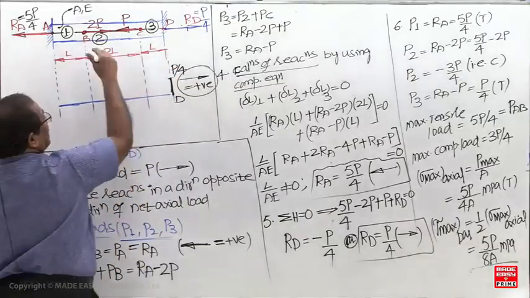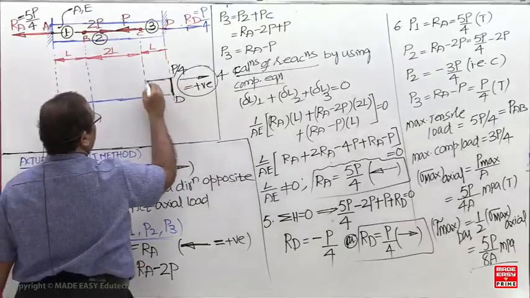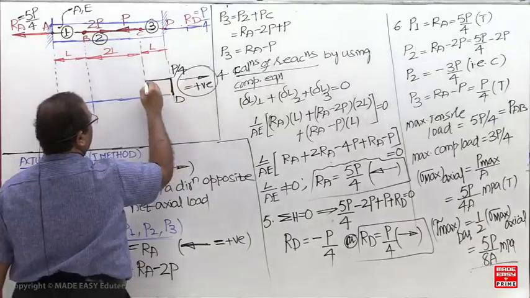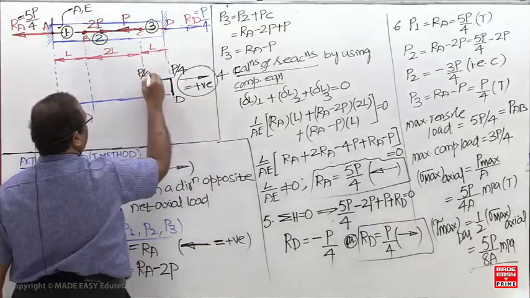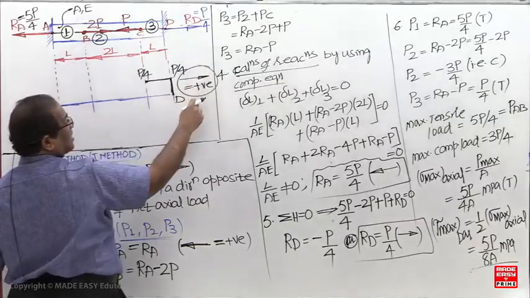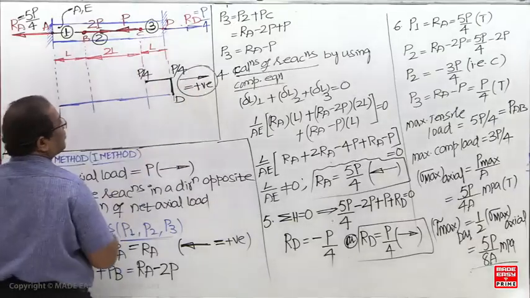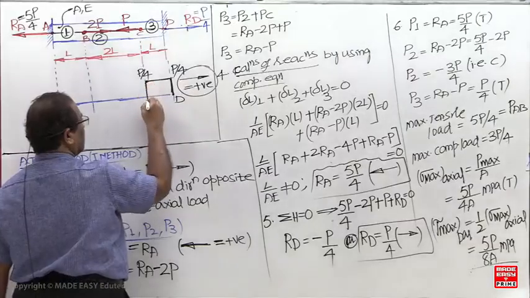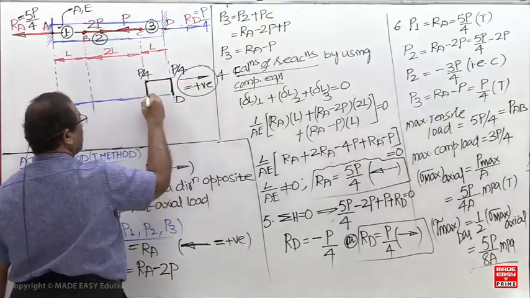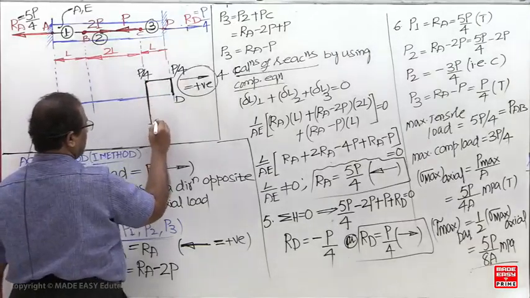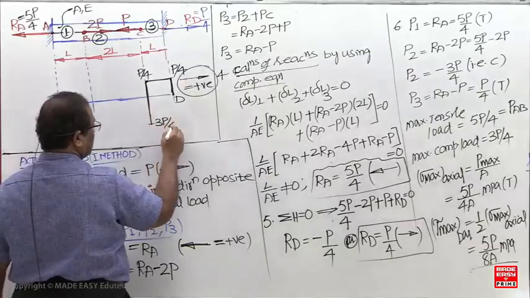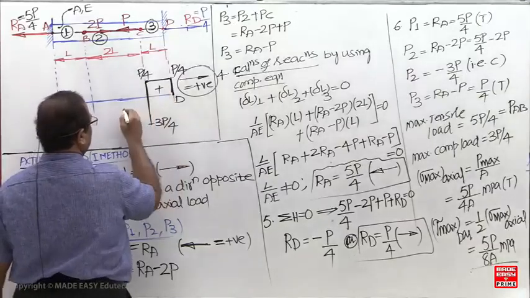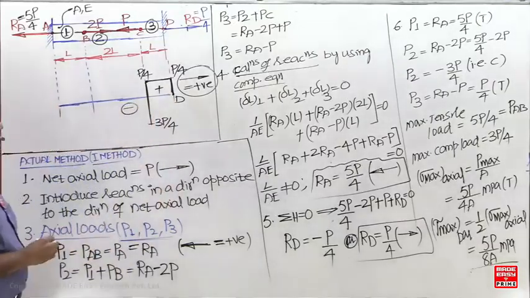Draw a parallel line until C. Now towards the right side you have taken positive, which means towards the left side is negative. So P by 4 minus P, minus 3P by 4. Then draw a parallel line until B.